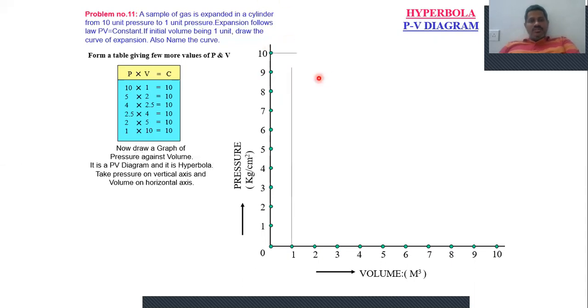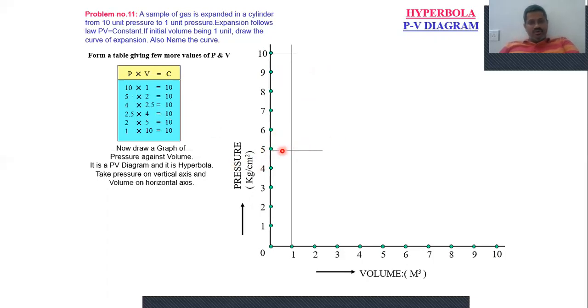Then you drop the horizontal line from the vertical axis point and the vertical line from the horizontal axis point like this, 10 and 1. And similarly, you drop a vertical line from point 2 and draw a horizontal line from point 9 on the vertical axis like this. Then first you have the 5 point here.